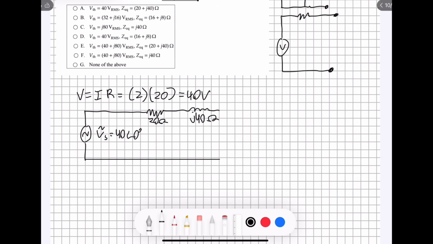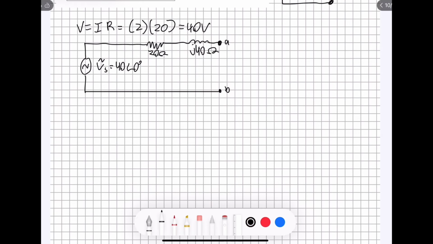This isn't the final form that our circuit should be in. We have to do a little bit of impedance addition to simplify these two components into just one component. Luckily that's pretty easy because they are in series with each other, so we're just going to use this equation right here. The equivalent impedance is equal to Z1 plus Z2, which is just 20 ohms plus J40 ohms.